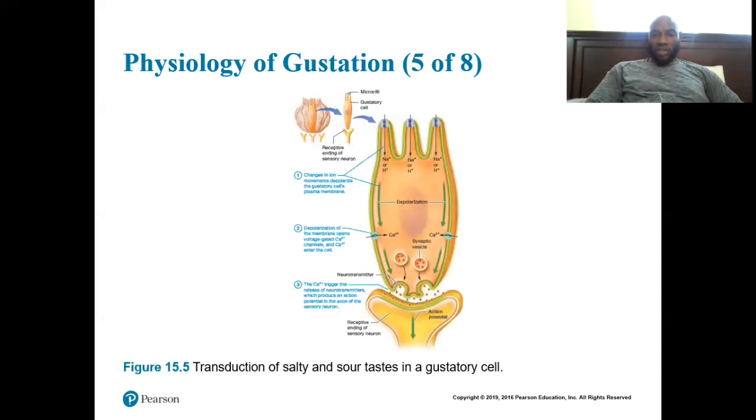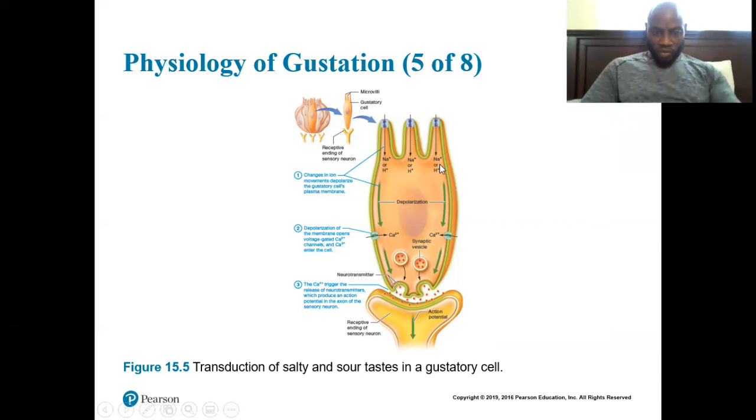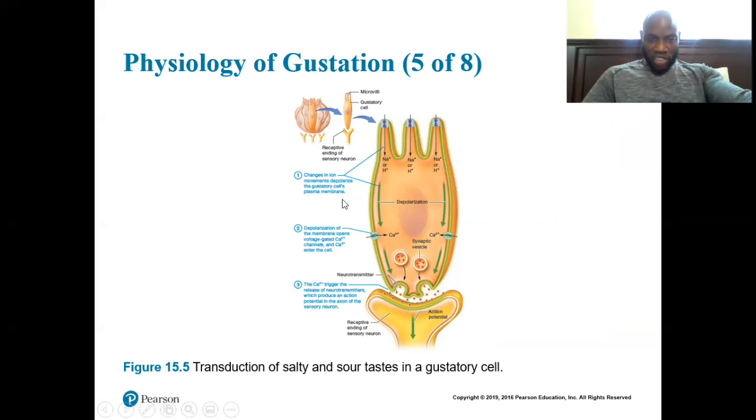So here we have the diagram. This is an example of the transduction, changing of a salty taste or sour taste in the gustatory cell to an action potential. So changes in ion movements depolarize gustatory cells' plasma membranes.